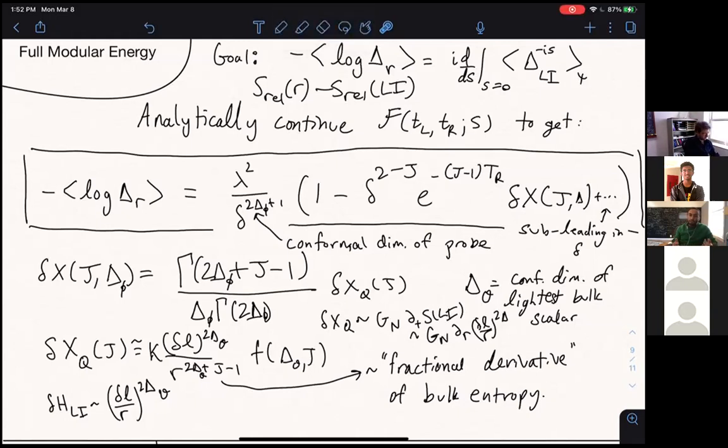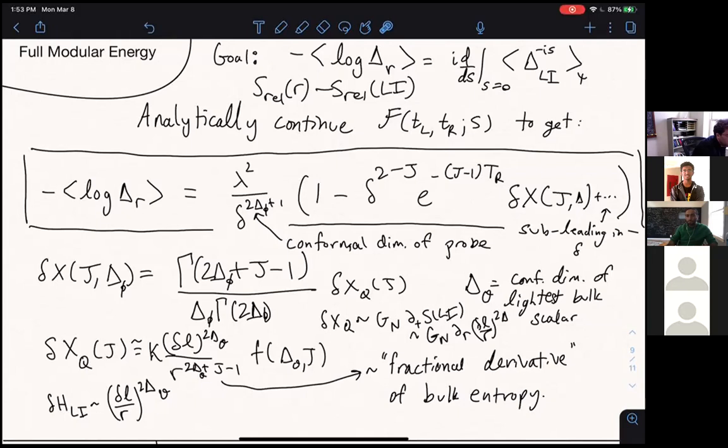It could be h bar, it could be N. N is the one that we usually talk about when we're talking about theories that are maximally chaotic, such as SYK or JT. Here in this modular chaos story you're telling, what is that large parameter? Are you also taking large N?